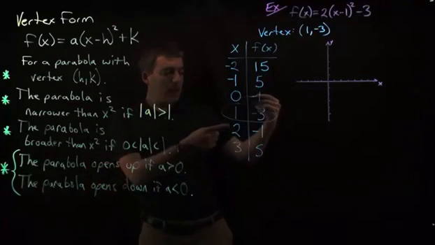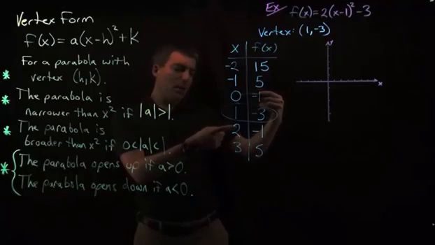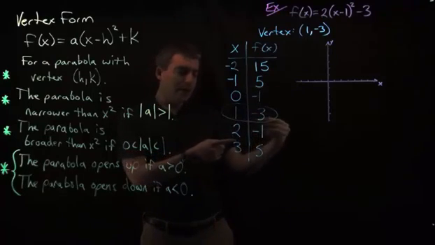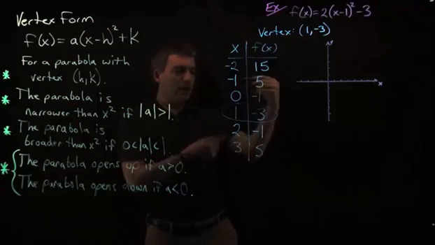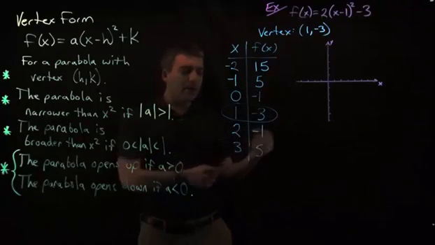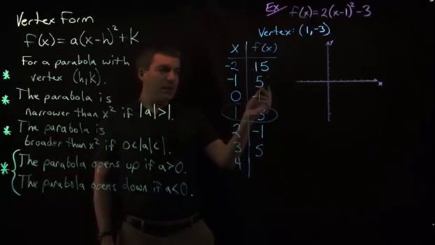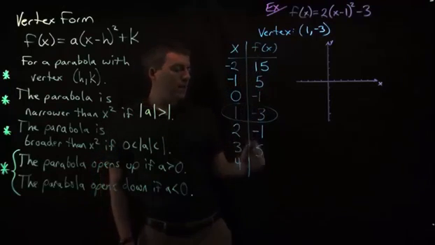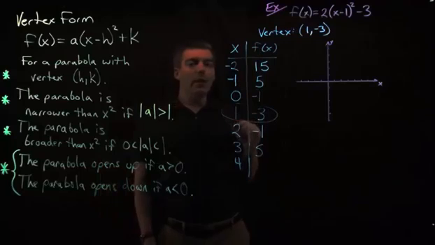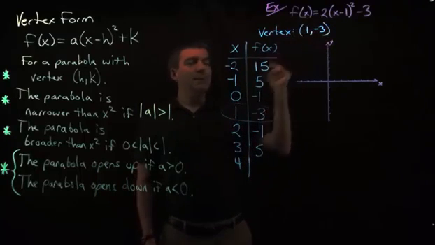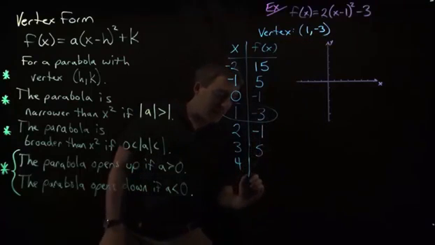And as we move 1 unit both to the left and to the right, we get the same outputs: negative 1, negative 1, and 5, 5. For 4, then, we could expect to get 15. Let's verify that. 4 minus 1 is 3. 3 squared is 9. 9 times 2 is 18. Minus 3 is indeed 15.